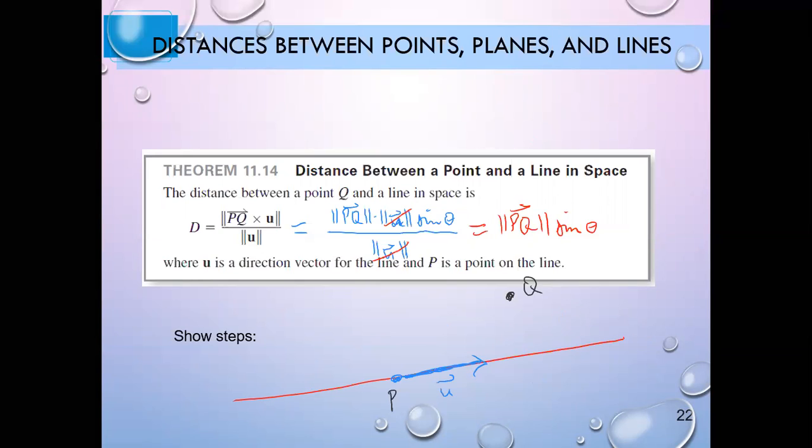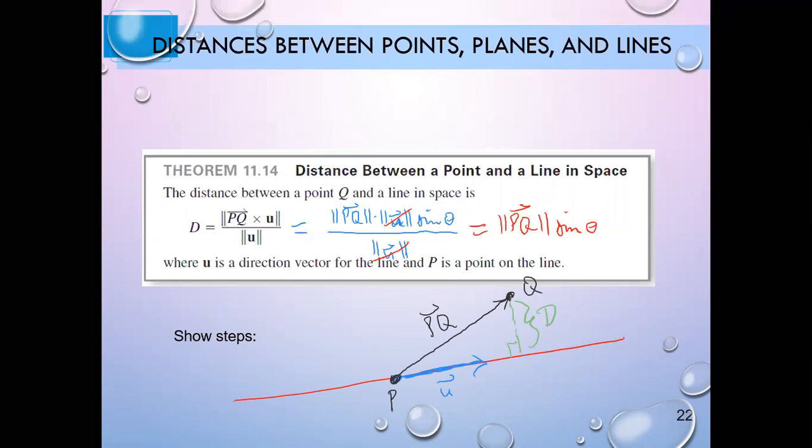Well, what we do is we actually form the vector PQ. And what we do here is we should probably do something similar to what we've done before. We want this distance right here. Okay, so here's the distance.